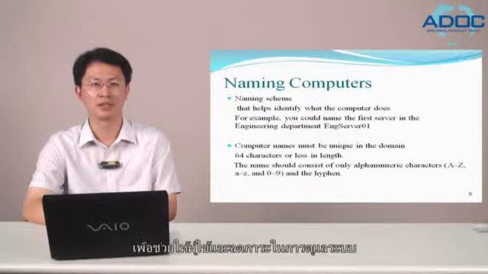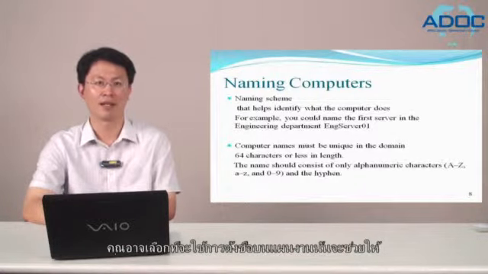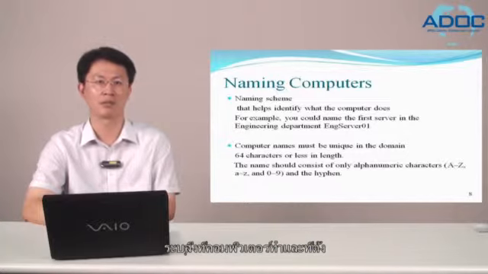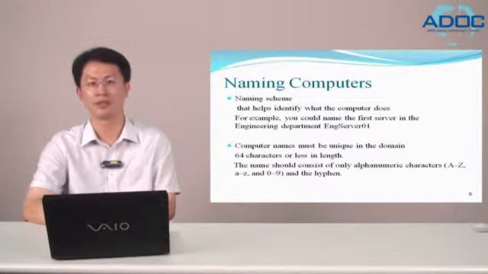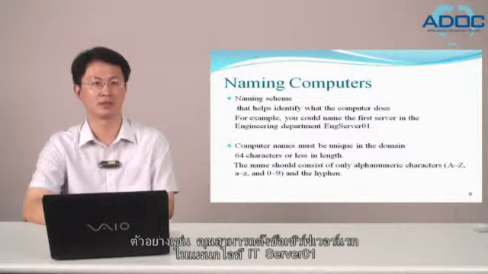To help users and ease the administration burdens, you might decide to use a naming schema that helps identify what the computer does and where it is located. For example, you can name the first server in the IT department IT Server 01.